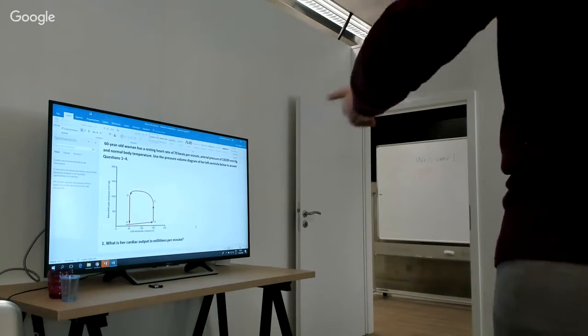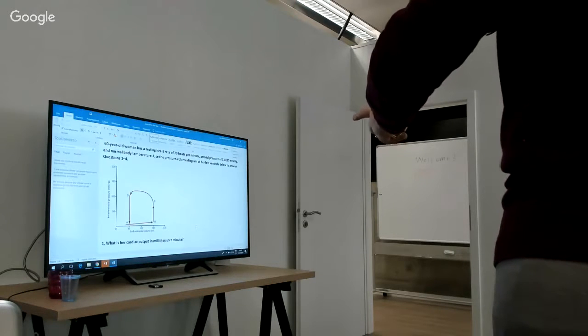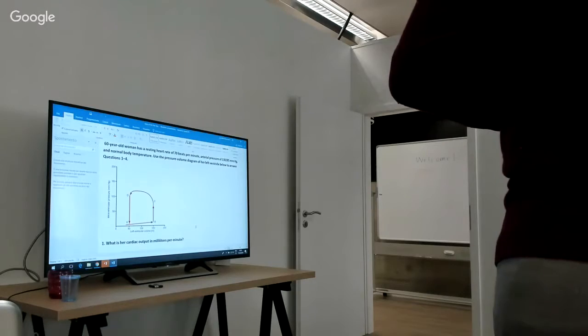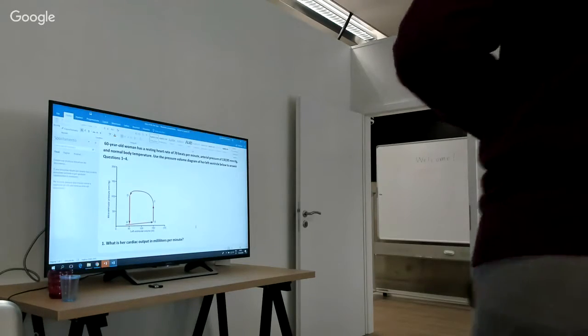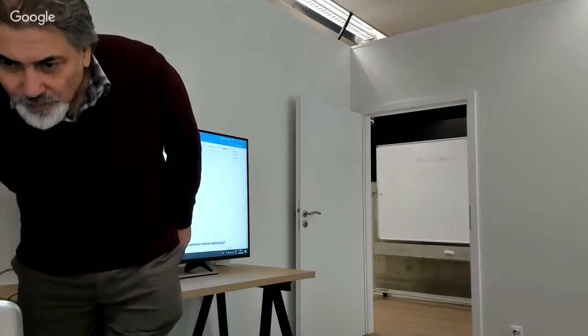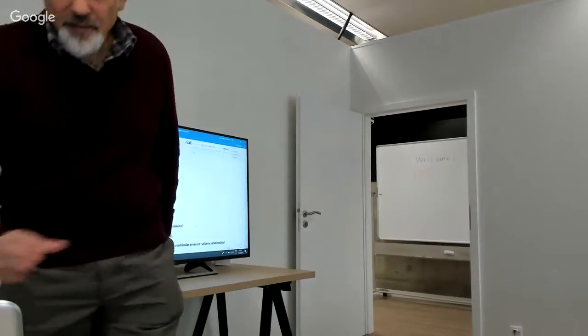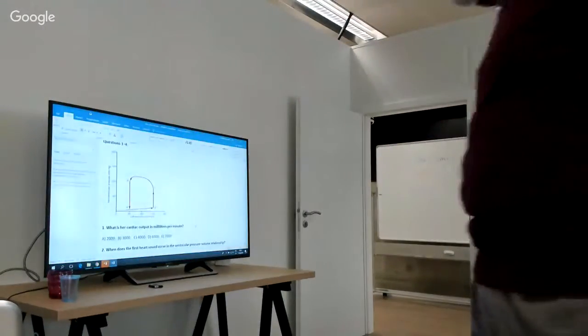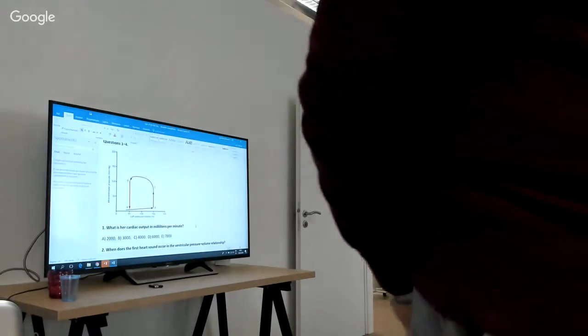So how much is the stroke volume? You have the options here. It's 2 liters, 3 liters, 4 liters, 6 liters, or 7 liters.